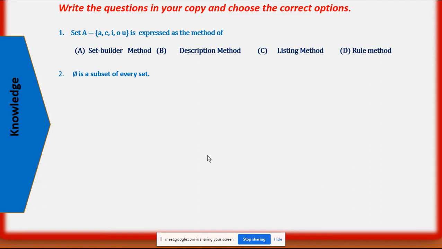What is the next question? Phi is the subset of every set. True or false?